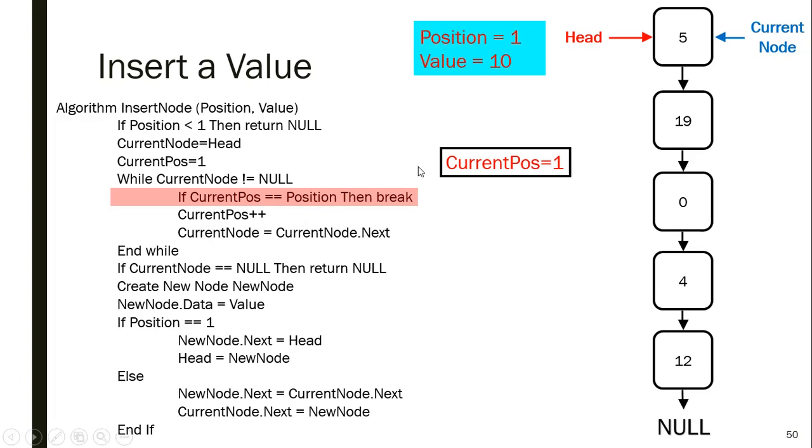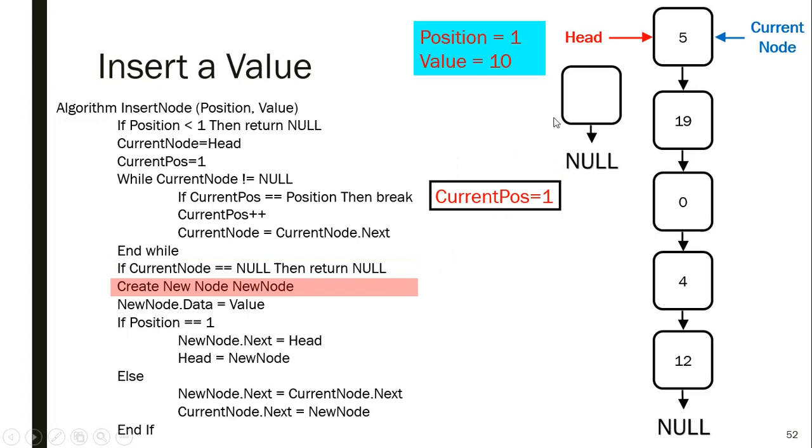So current position is equal to this position because current position is 1 and we have to reach position number 1. So we are already there, so it will break. So current node is not null, it is pointing towards something. This condition is for the case when it iterates the whole loop and in fact the position is not there, that I have already explained to you.